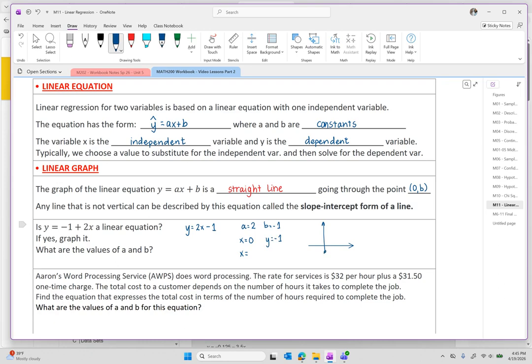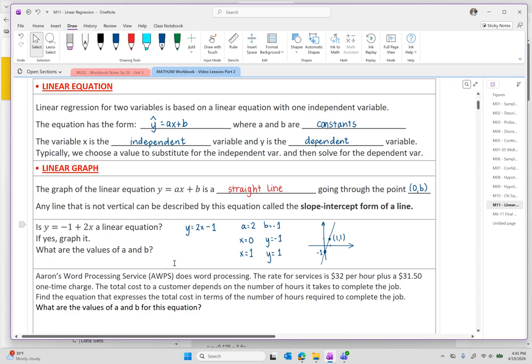That point is right here on the y-axis at -1. Then let's plug in another value for x. Let's say x is equal to 1. The y will be 2 times 1 minus 1, which is +1. That will be our other point at +1, and then we connect those 2 points, and here is our line.